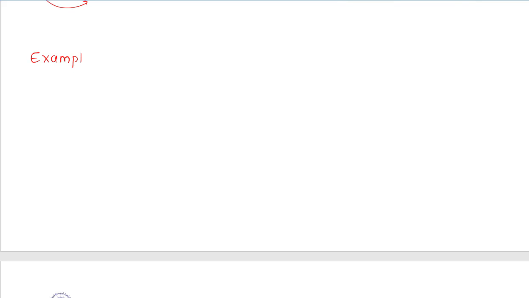Let us write an example. Original cost is 1 lakh. Write scrap value, the residual value.